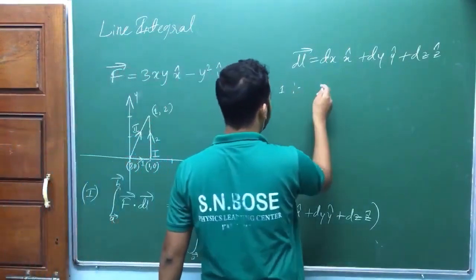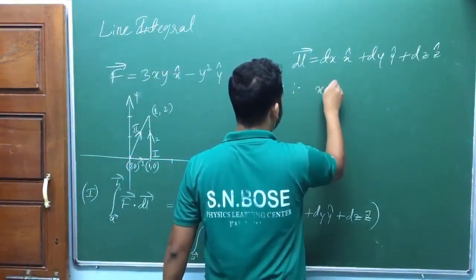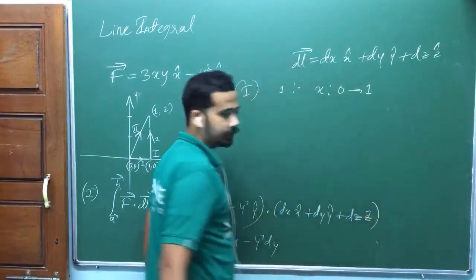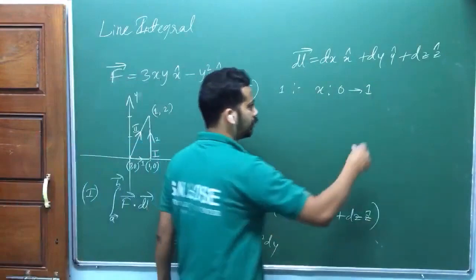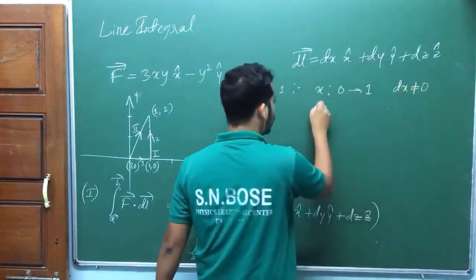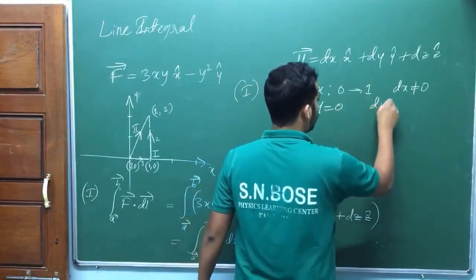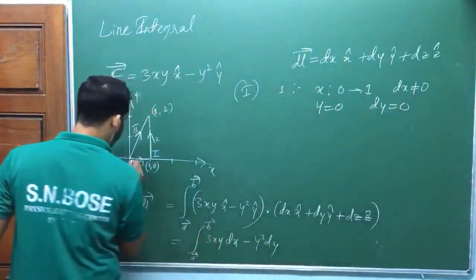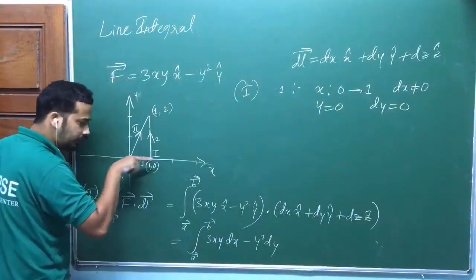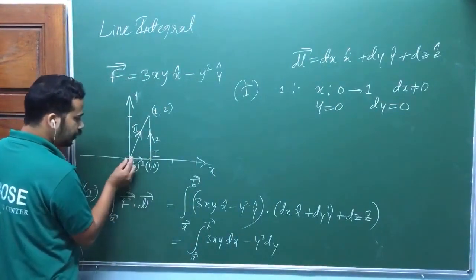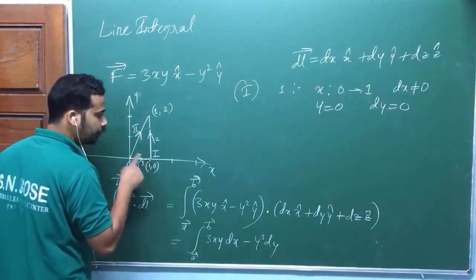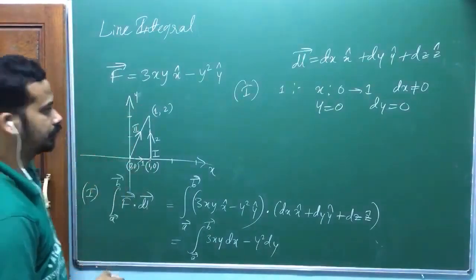In the first part of the first path, x is varying from 0 to 1, am I right? dx exists, dx is non-zero, but y equal to 0, dy equal to 0. When you move from this point to this point, y is not changing, y equal to 0, dy equal to 0, but x is variable, varying from 0 to 1. That's what I have drawn.